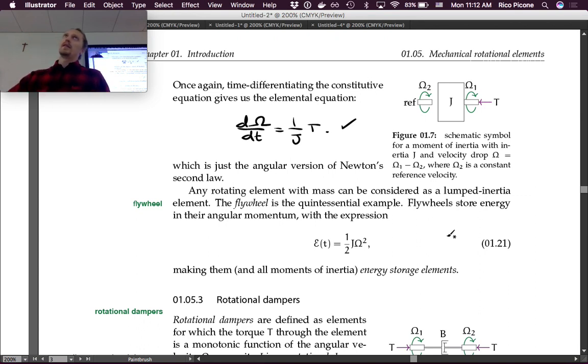Ideally a gear has no mass, but we know that that's not true. So we could put a moment of inertia element in the system on the shaft, right before it goes to that ideal gear, to model that effect of having some inertia in the gear.